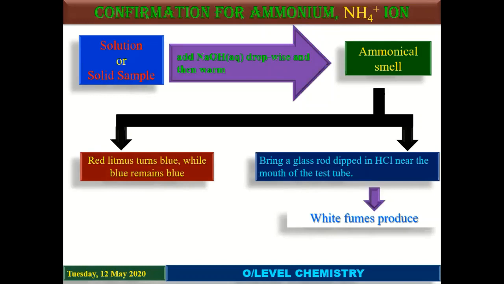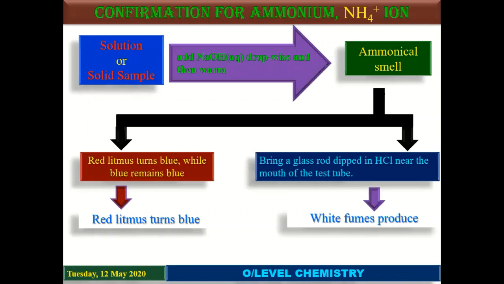Or, on the other hand, you perform the same test: you add a small quantity of sodium hydroxide to your given sample solution, then warm it, and now you bring a red moist litmus paper near the mouth of the test tube. What would happen? You may see a change in the color of the litmus.